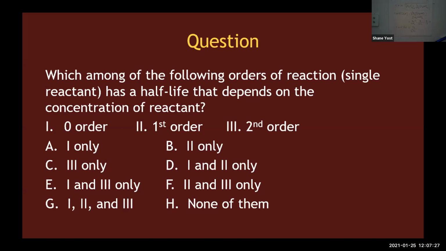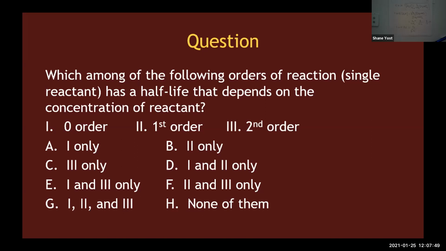No, those half-lives will not be the same. It will take much longer to decay the 1,000 moles to 500 moles at 1 mole per second, because it'll take 500 seconds to do that, while to go from 10 moles to 5 moles, it just takes 5 seconds. So the half-life for a zeroth order reaction will depend on the concentration of your reactant.